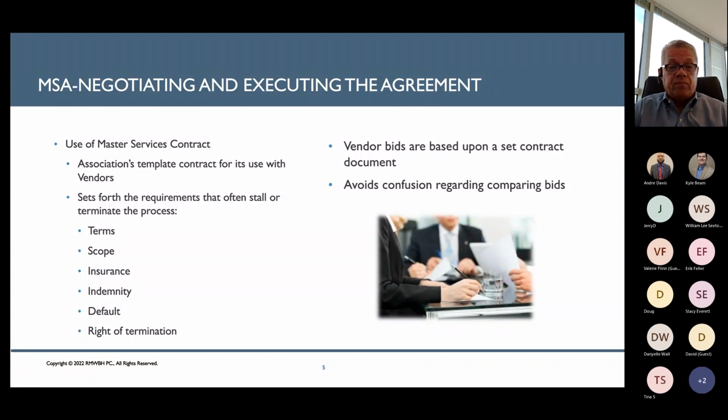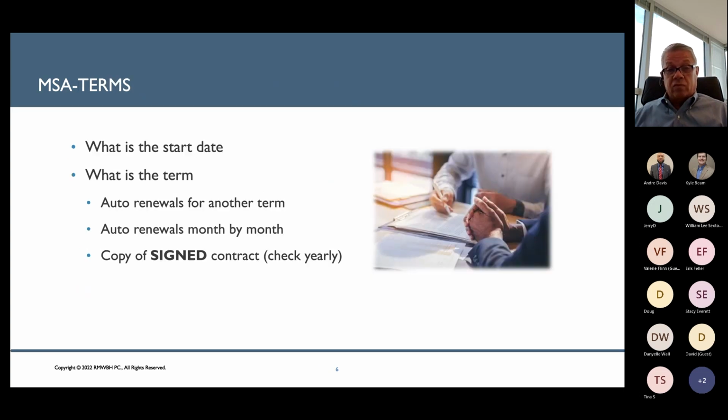That's what we start with. Typically the most important things we're looking at are insurance provisions, indemnity, and termination. I'm sure you've all been in those contracts where you find out that it's a little more difficult to terminate than you thought. We'll talk about that again some more later.